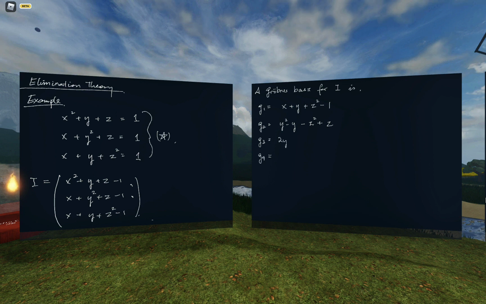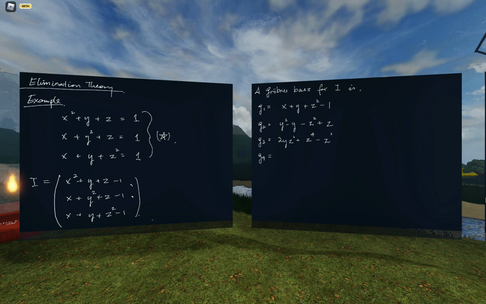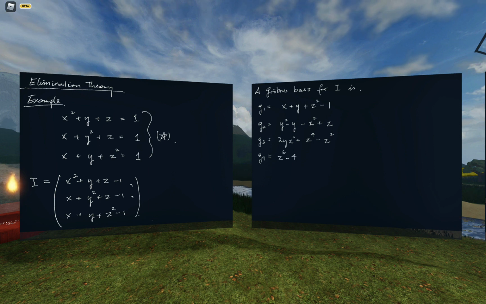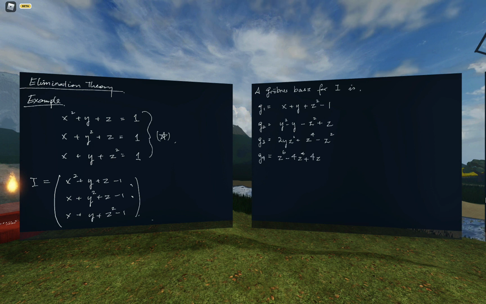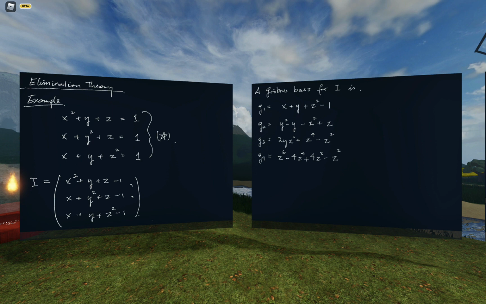Third one is 2y z squared plus z to the 4 minus z squared, and the fourth one, z to the 6 minus 4 z to the 4 plus 4 z cubed minus z squared. Okay, so this is a Grobner basis for I.